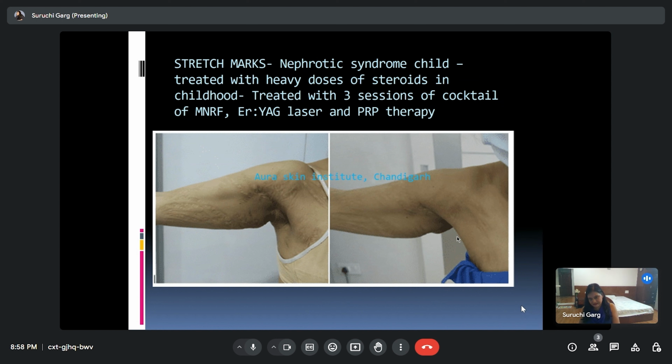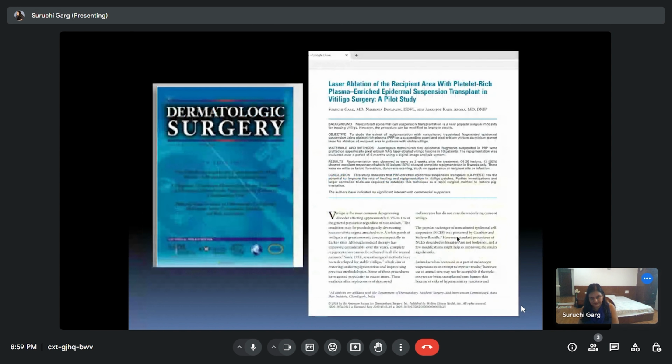We can see there is significant reduction in the visibility. The stretch marks have become more shallow, and they are blending more with the epidermis, and overall she could take up the procedure very well. Her recovery time was very short, usually 3 to 4 days post procedure, because we could combine PRP with the ablative procedure, and that gave her faster results.